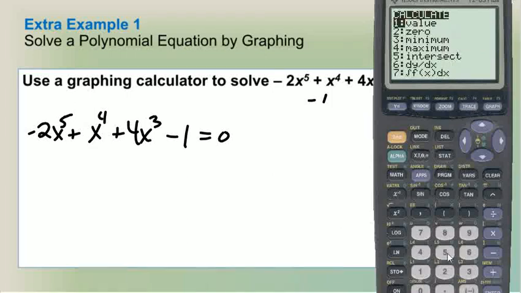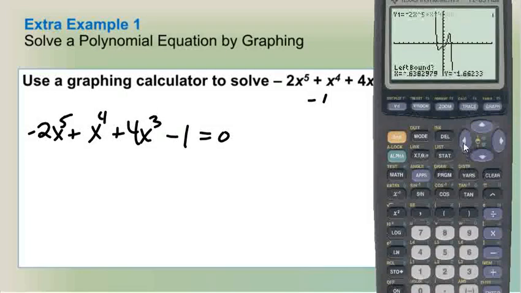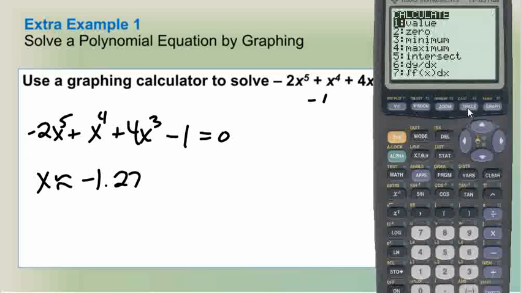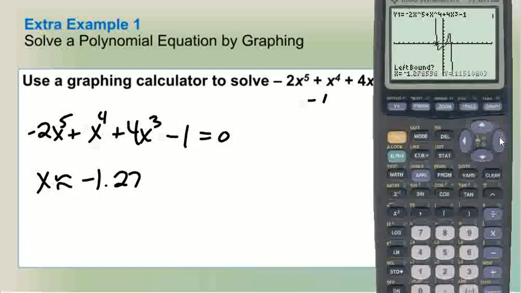So second, trace, number 2, going to go to the left side. Left bound means above the x-axis, so enter, right bound below the x-axis. Enter, enter again. We end up with negative 1.27. That's one of them. Find the other one. Second trace, number 2. Left bound is now underneath, right bound is above.